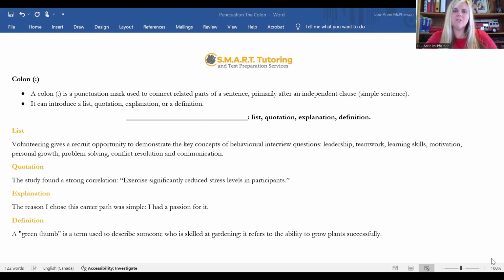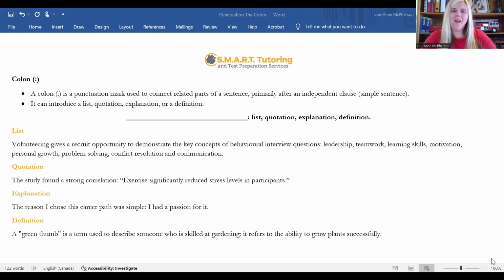In a firefighter aptitude test, you might see a question in the reading section that would ask something along this line: which of the following skills best demonstrates behavioral interview questions? So to identify this type of answer in a passage, you would use keywords from the question to help you locate where the answer is in the passage, and then identify the colon usage as a way to introduce items. And in this case, it's the items that you're looking for to answer the question.